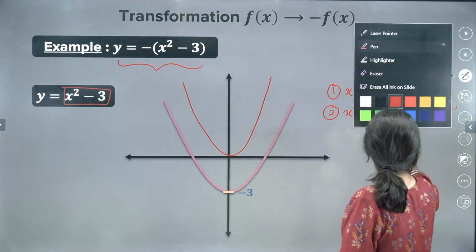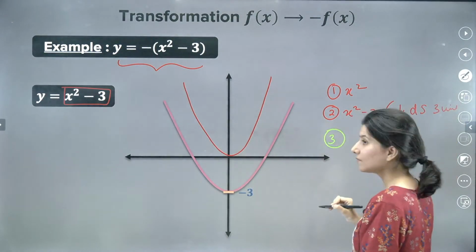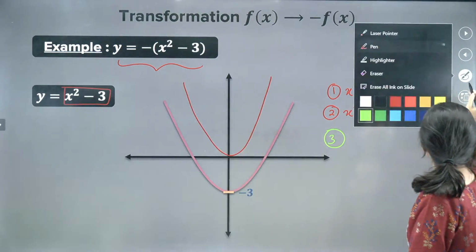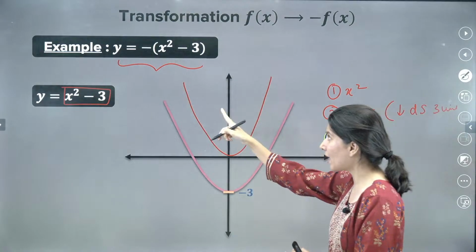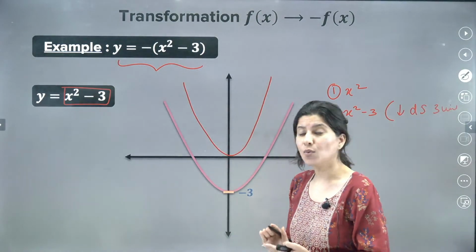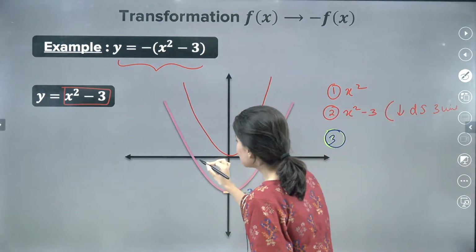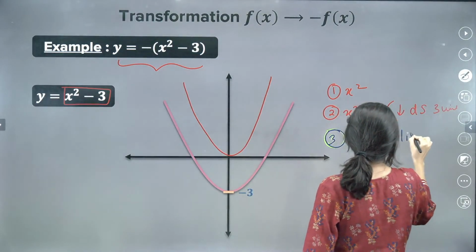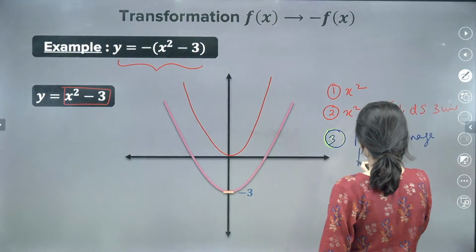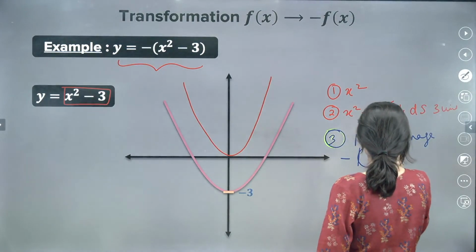Now the third thing you need to do is, you have x square minus 3. Now just take the mirror image. Taking the mirror image, this will be minus of x square minus 3.